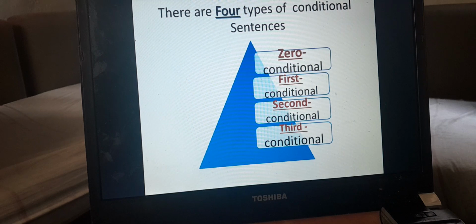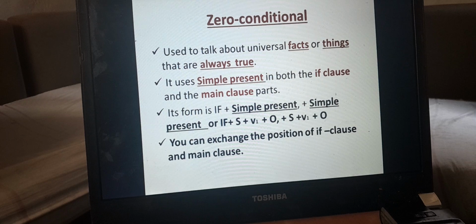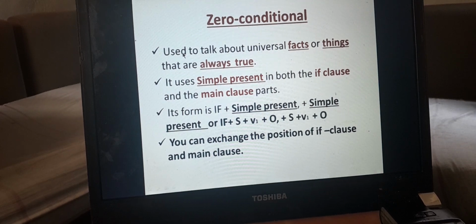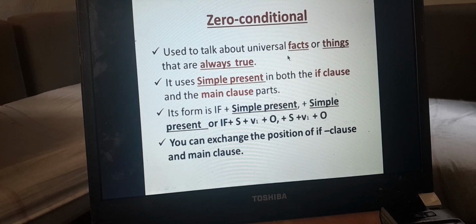Now, let's try to see each of them one by one. Let's start with zero conditional. It is used to talk about universal facts or things that are always true, okay? If you want to talk about facts or things that are always true in English, zero conditional is a way.